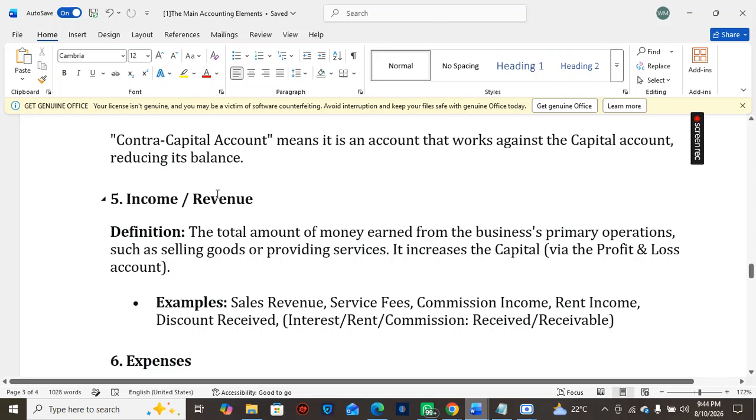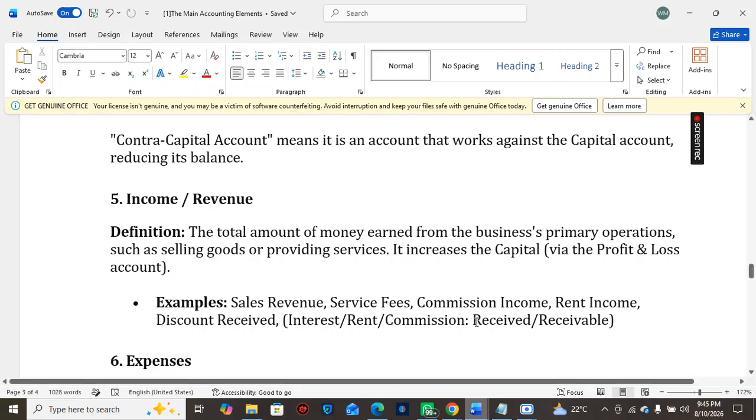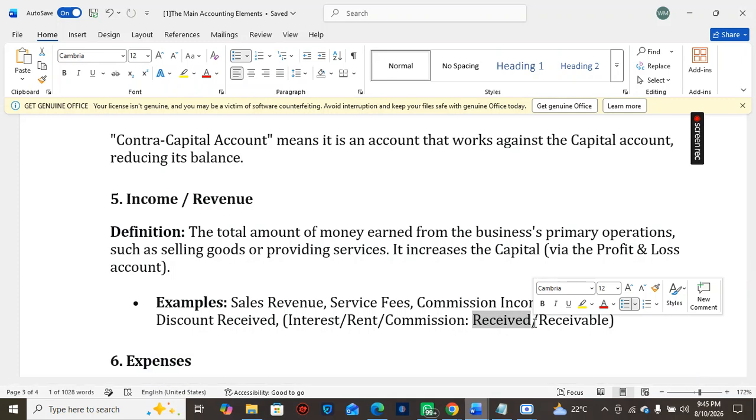Number five, income and revenue. Money in from the operations of a business. This one is self-explanatory. Especially when you hear the word received in accounts, like interest received, commission received, rent received, that's a form of income.